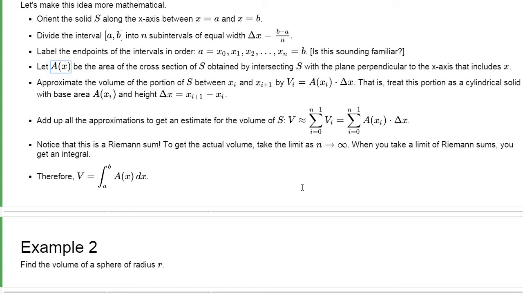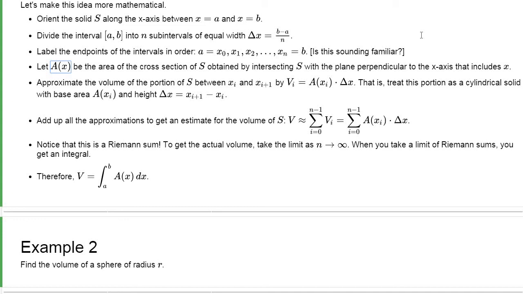It's going to be perpendicular to the x-axis, and it's going to intersect the x-axis exactly at the x that you gave me. That plane is going to cross the solid S, and I'm going to take that intersection, which is some sort of plane region, a two-dimensional cross-section of the solid. I'm going to find the area of that two-dimensional object in the regular two-dimensional way, or however I can find that area.